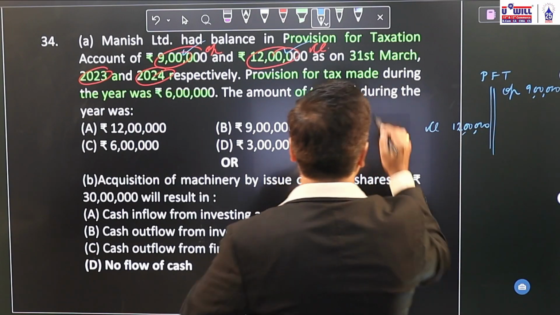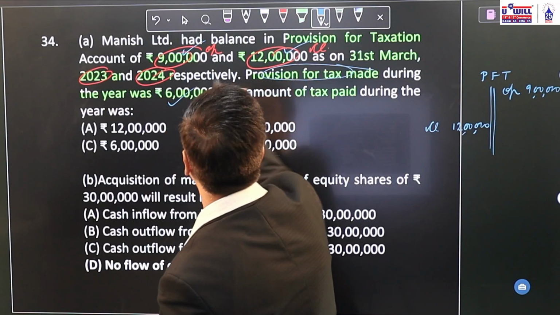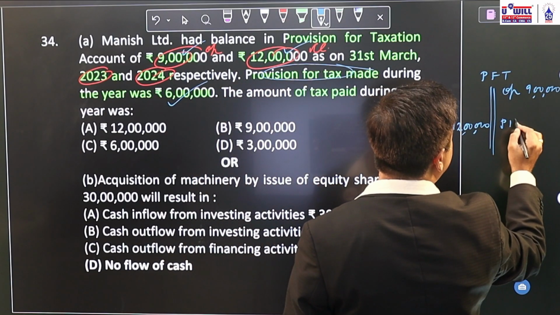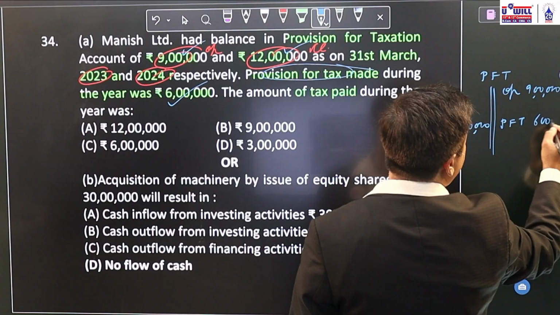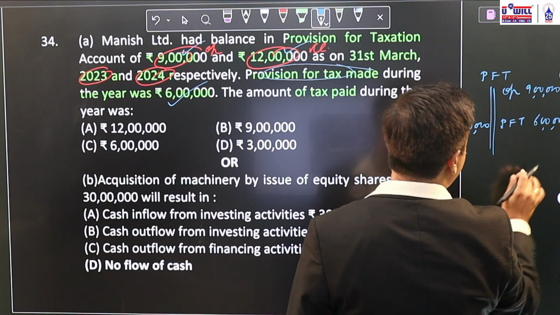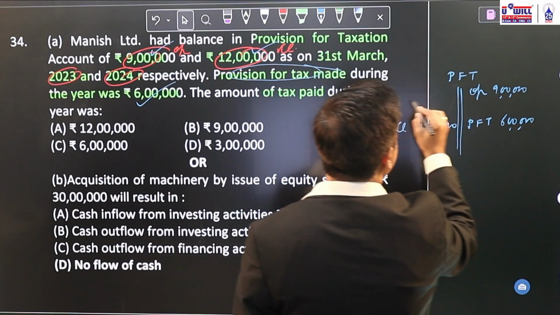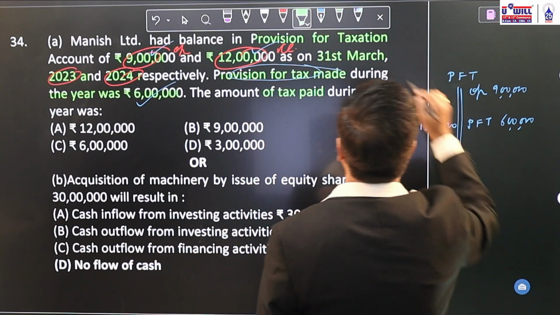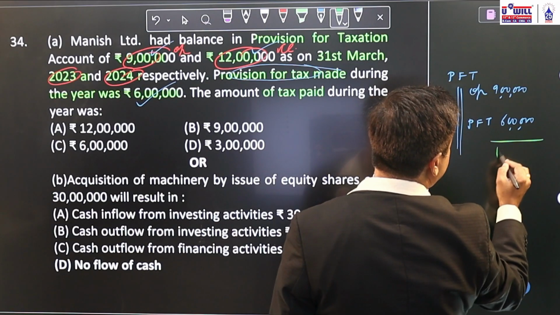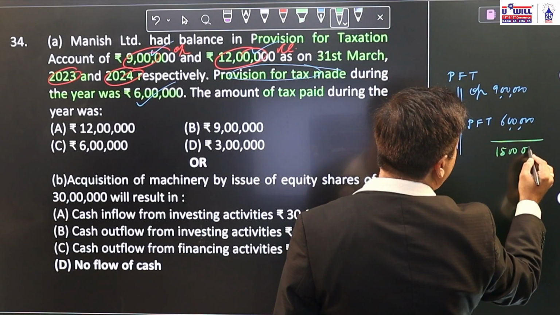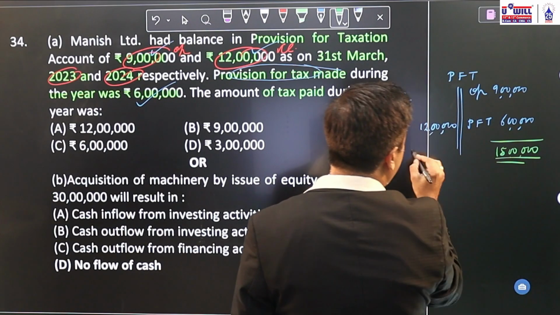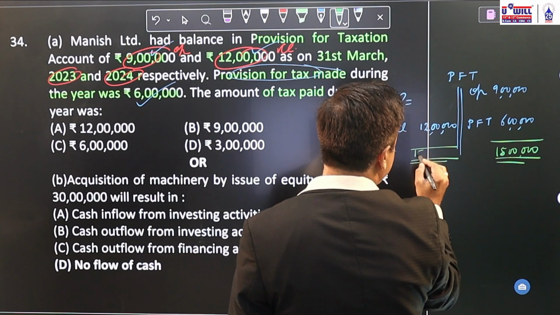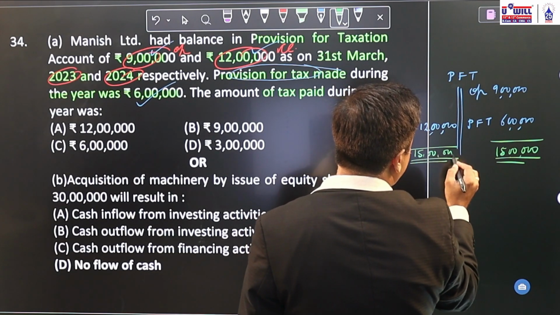And provision for tax made 6 lakhs also on the credit side. Now, whatever remains on the debit side is tax paid. So, 9 plus 6, 15 lakhs. 15 lakhs minus 12 lakhs. How much remains? 3 lakhs.